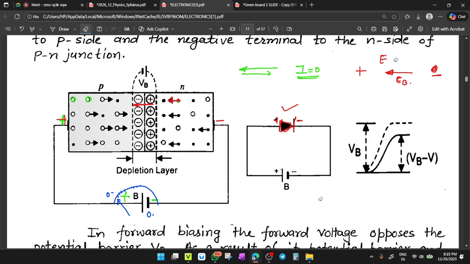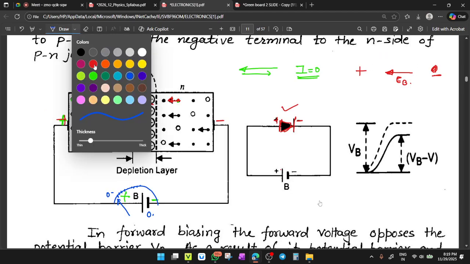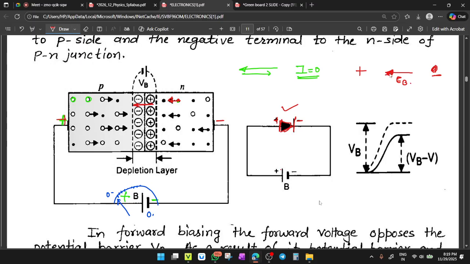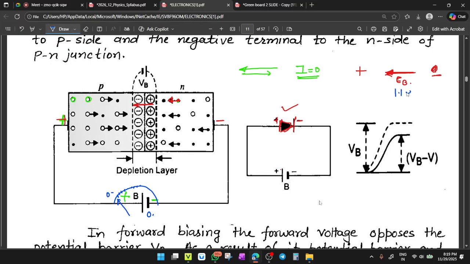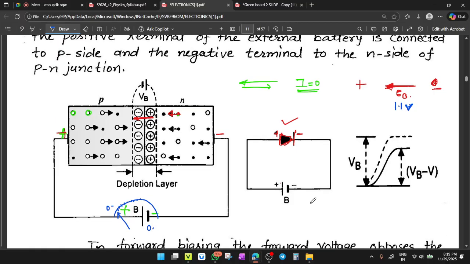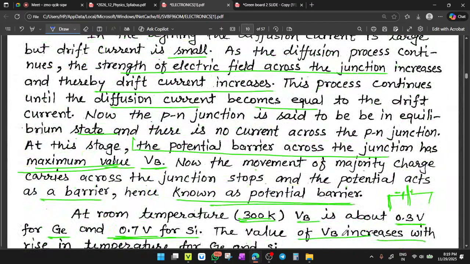So what is happening there? First, there is the existence of this barrier voltage when the junction is formed. But as you apply the biasing voltage, at first it is very small. And this barrier voltage for silicon we just read is 1.1 volt.